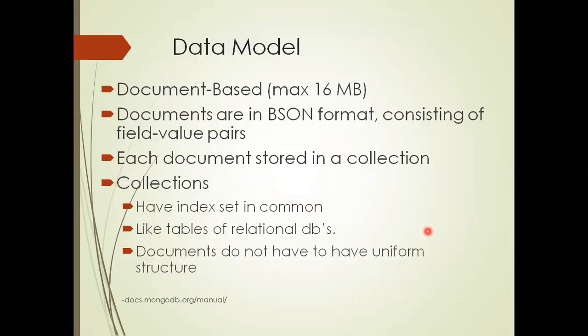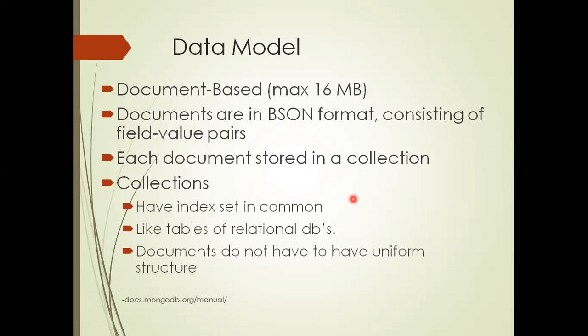MongoDB is a document-based database. It basically supports the BSON format. BSON is based on JSON. We will be covering JSON and BSON in the next slide. They are for scripting purposes and consist of field-value pairs.